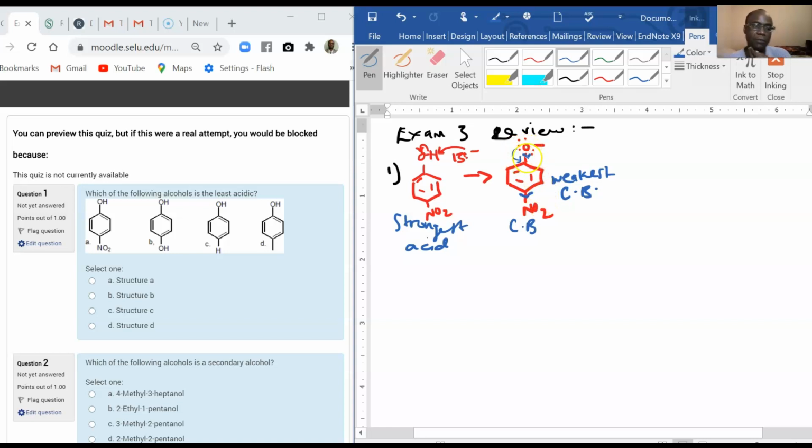The electrons are pulled out of the negative oxygen. Of course, the base accepts the hydrogen, you get BH. So if this is OH minus, your BH would be H2O.